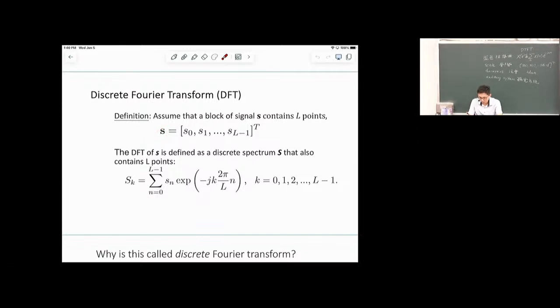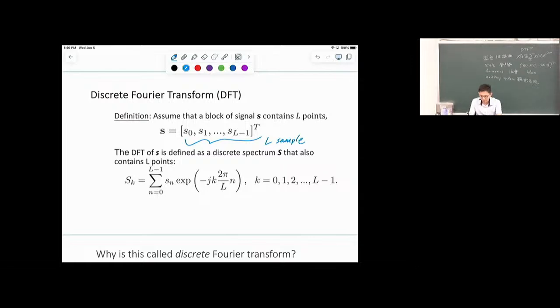So let's say we have a block of signal s that contains L points, L being the length of the block. So s can be denoted by s0, s1, all the way to the last sample. In total, we have L samples.